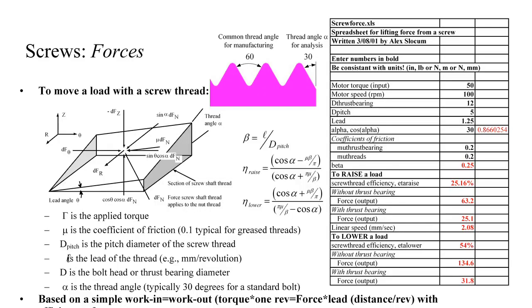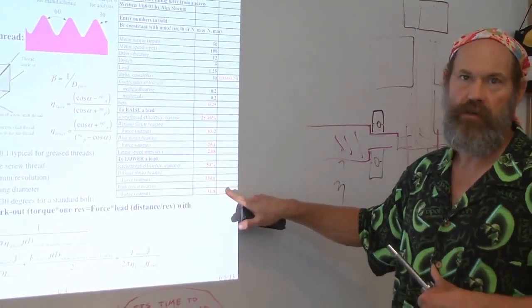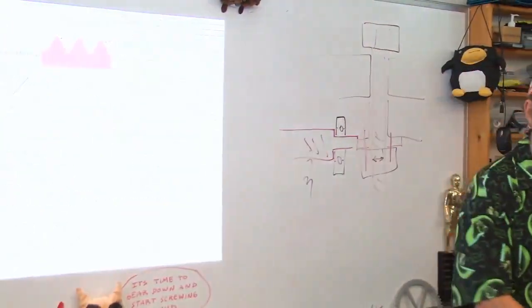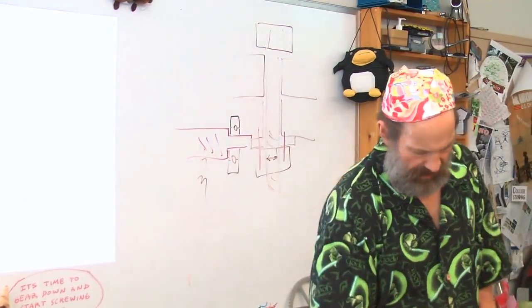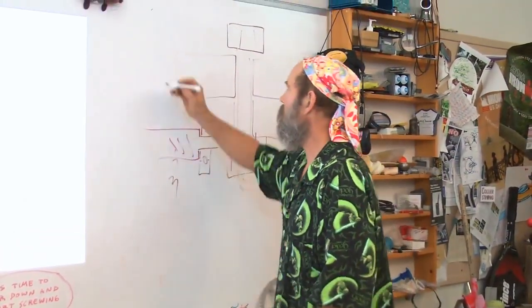In this spreadsheet, you'll notice are the elements, the screw thread efficiency for raising and lowering the load. Why should it be different, raising and lowering the load? What's going on there? Why is that happening? Well, remember, a screw is just a wedge.